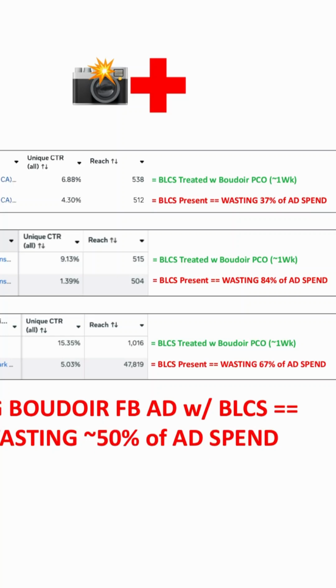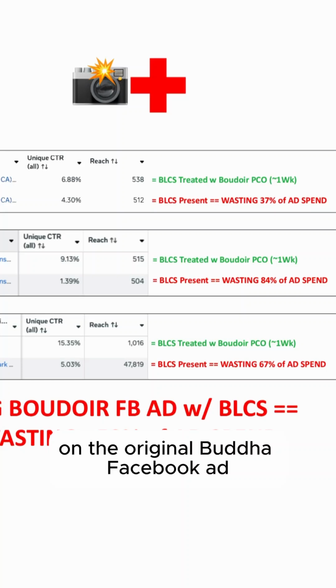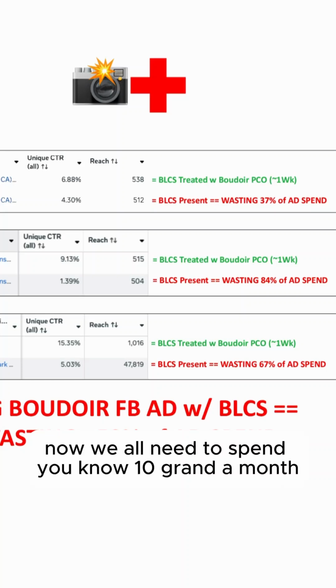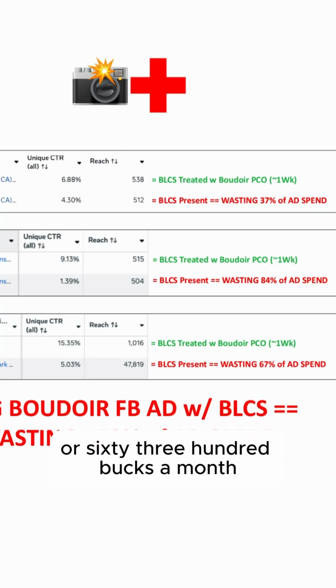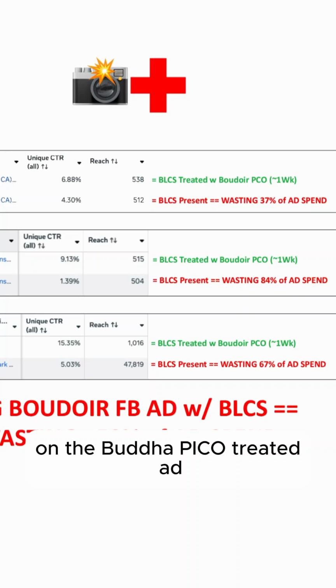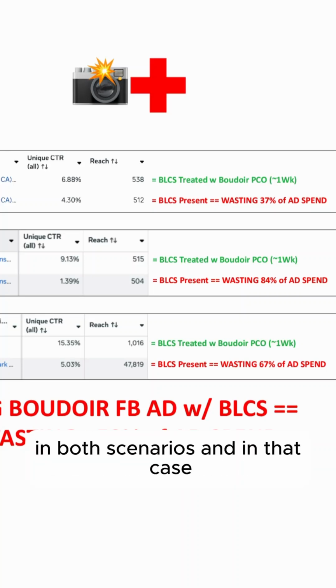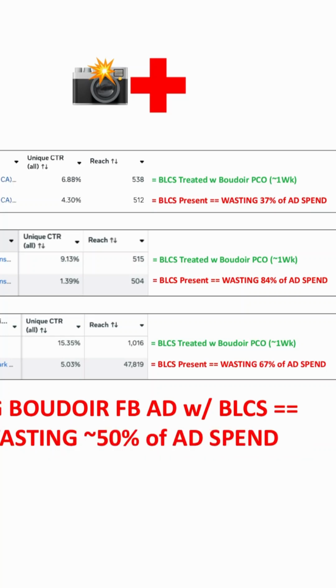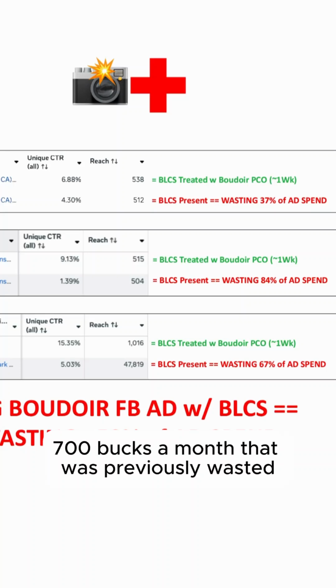So say they're spending 10 grand a month on the original Boudoir Facebook ad. Now we only need to spend $6,300 a month on the Boudoir Pico treated ad to get our ads into the same number of women's brains in both scenarios. And in that case, we're pocketing that $3,700 a month that was previously wasted.